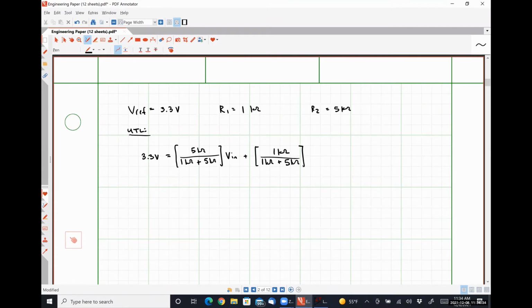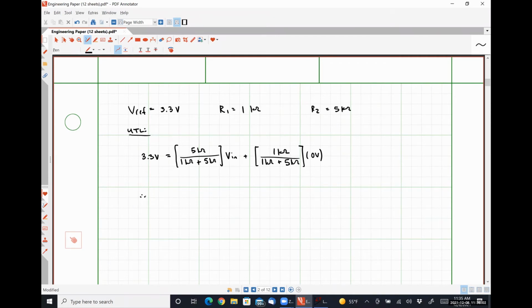So it's very important that we put the right value of V out here, okay? The upper trigger limit is the voltage that makes the output swing from VCC minus to VCC plus. So we want to put the VCC minus value in for V out whenever we're calculating the upper trigger limit, which in this case is simply 0 volts.